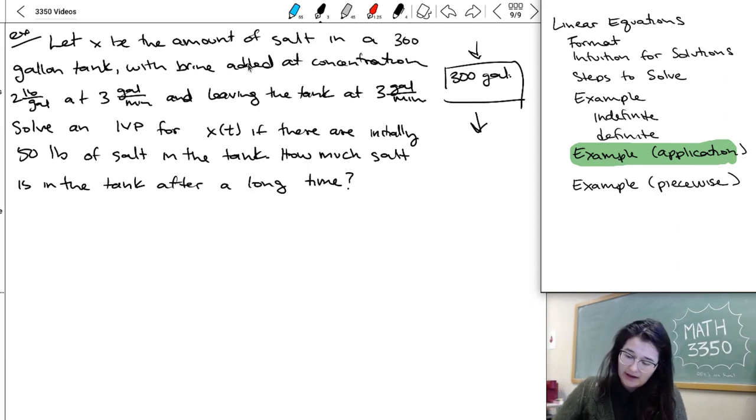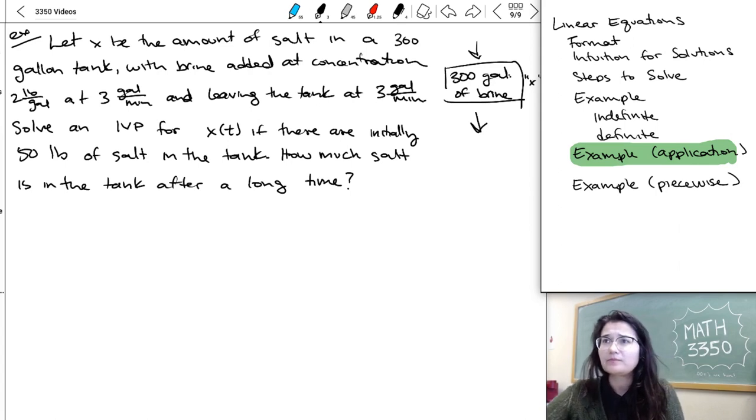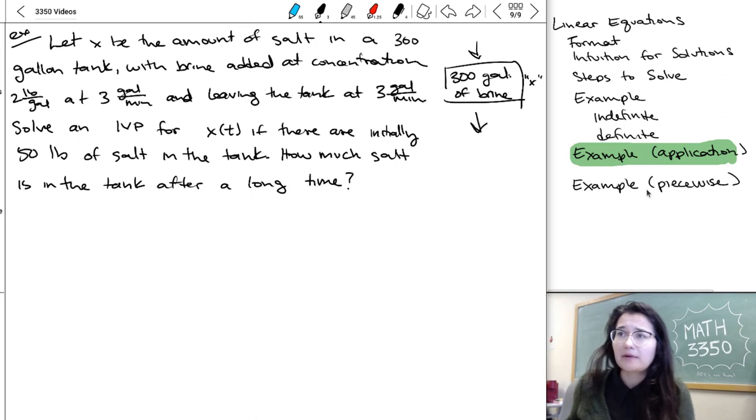So real quick, I just want to make sure I know that this tank is 300 gallons of brine. And the amount of salt inside that brine, we're going to call X. That's salt.